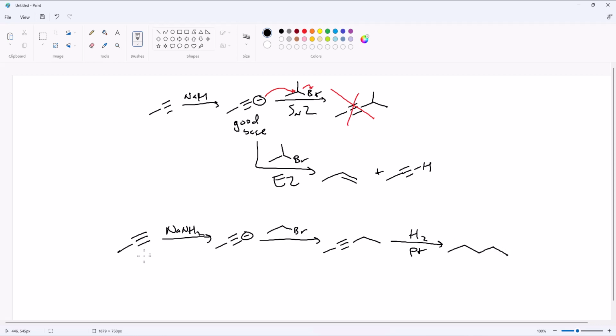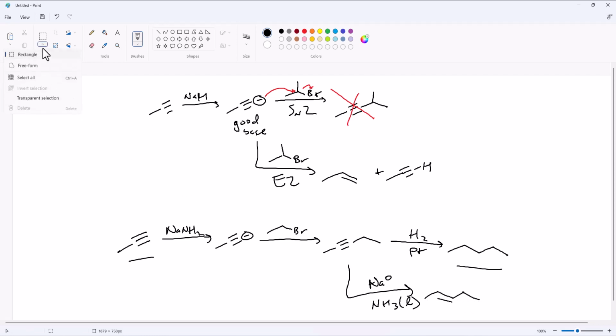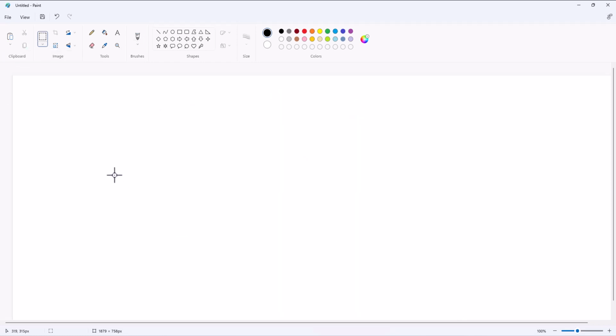So we've extended the chain from a 3-carbon length to a 5-carbon length. So this is a good way to extend carbon chains if this is something we're looking to do, build them. Or you can imagine we could then take this to, say we wanted to do Na and NH3. We could take this to the trans alkene 1, 2, 3, 4, 5. We could take this to the 2-pentene if we wanted to. So a good way to extend chains and to make carbon-carbon bonds.